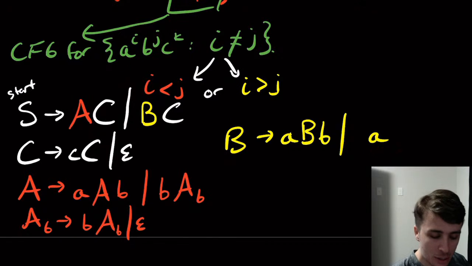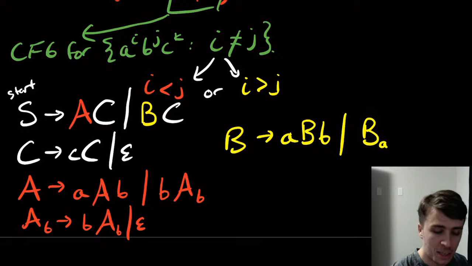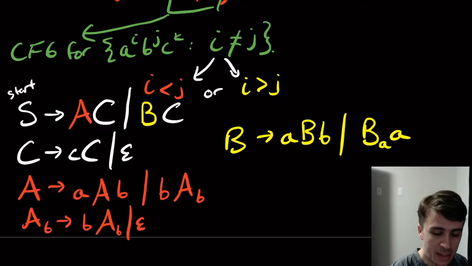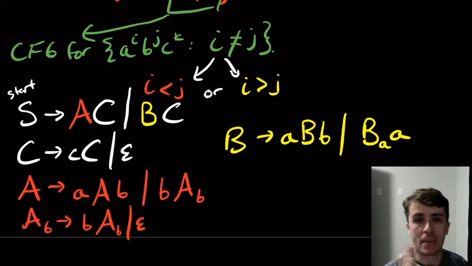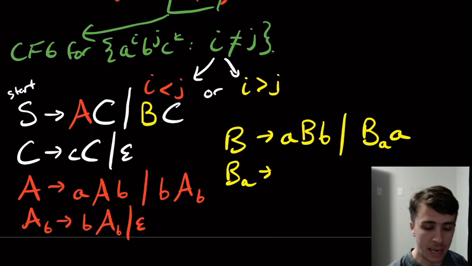So instead of having it like this, we need to have the variable on the front. So we need to have b sub a, which is going to spit off more a's, and then the a at the end, not the beginning. So then the b sub a variable is going to make a whole bunch of a's.